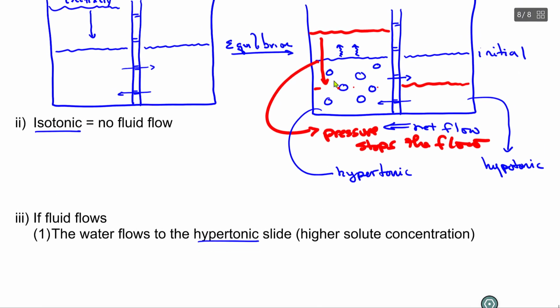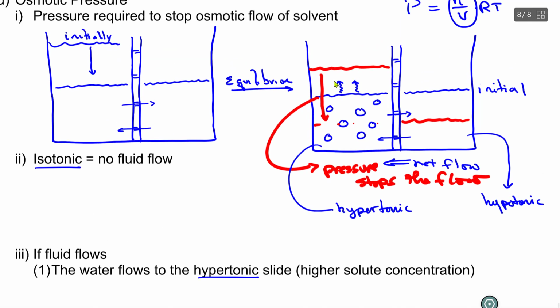Now, isotonic would be this situation. Let's say that represents the concentration. Those would have the same osmotic pressure, and so those would be isotonic. Even though you slowed down the flow of solution from one side to the other side, you've also equally slowed it down in the other direction, and so we have no net fluid flow.